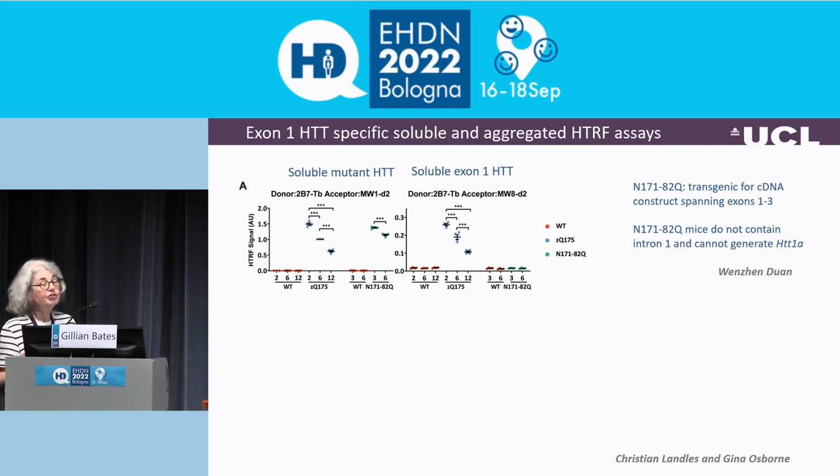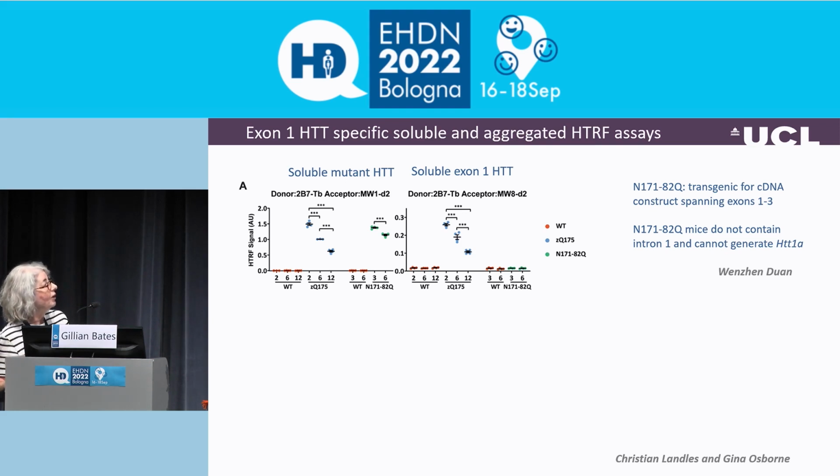So in order to show this, we used a mouse model that was made by Dave Ford-Shelton and Chris Ross many years ago, that is transgenic for the first 3 exons of Huntingtin. So it doesn't contain any introns, and therefore you can't make that exon 1, you can't make Huntingtin 1A, you can't make the exon 1 protein.